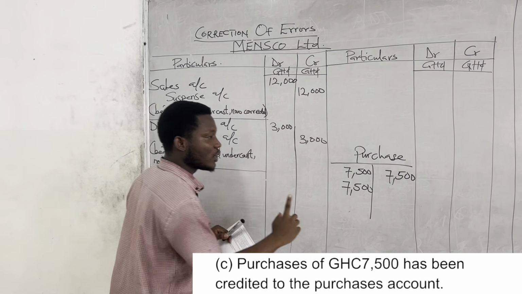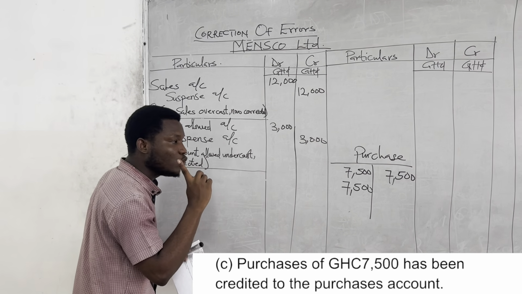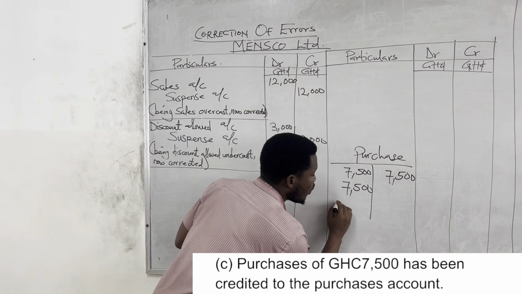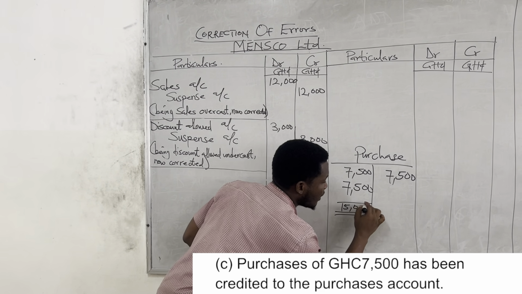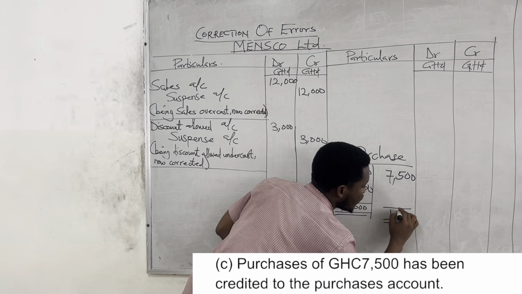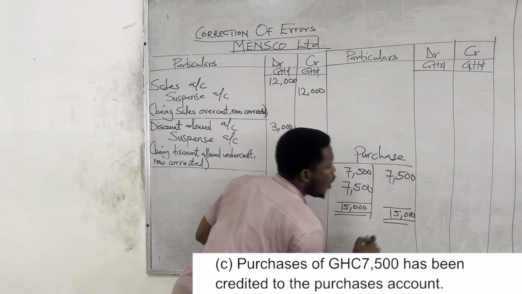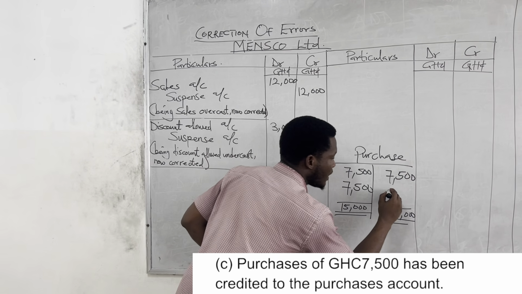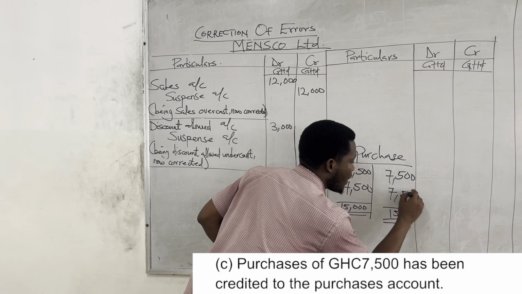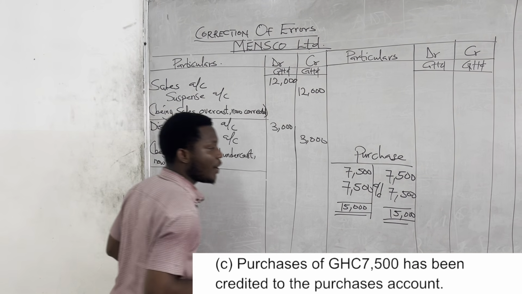So let's balance the account for us to see that we will get the 7,500. So here it will give us 15,000 and here 15,000. How much will you add to 7,500? That will give you 15,000. That's 7,500. And that one will be your carry down.